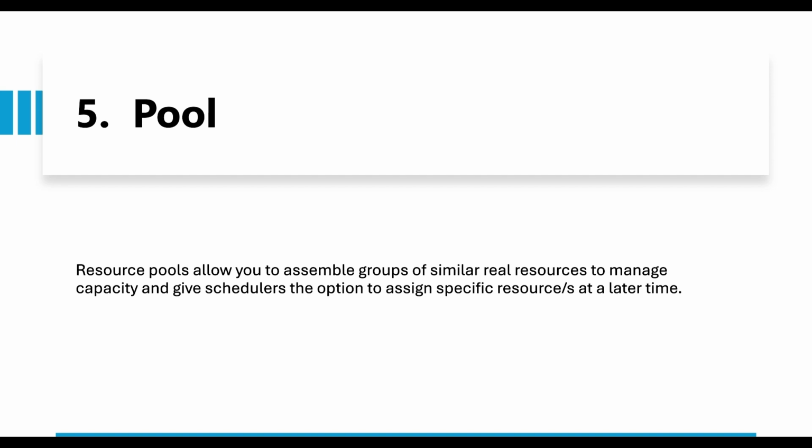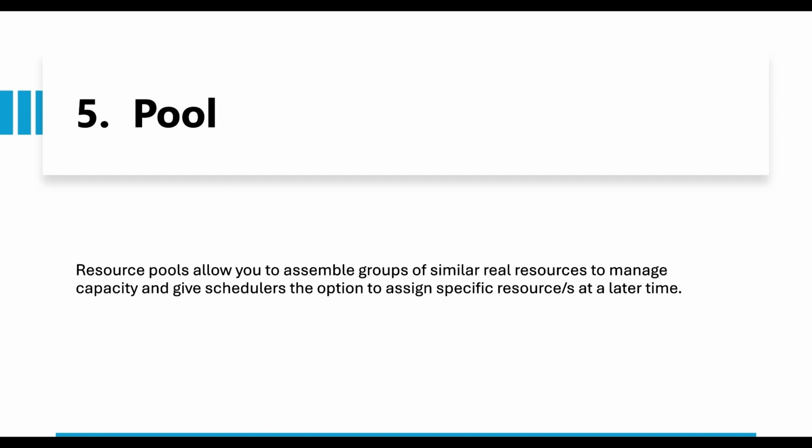Now let's move to pool. The resource pool allows you to assemble a group of similar resources to manage capacity and gives the scheduler the option to assign specific resource or resources at a later time. In a startup project, you can mention that we need 5 developers, 5 programmers, but you're not sure of exact allocation timings, dates, and the person name.